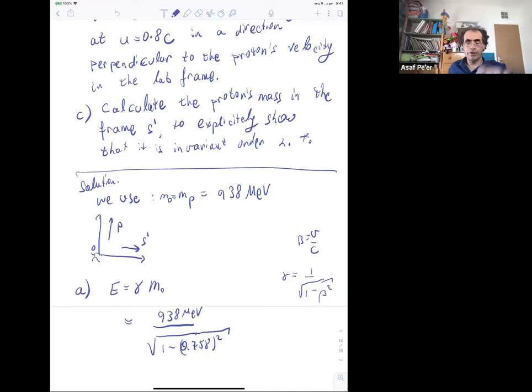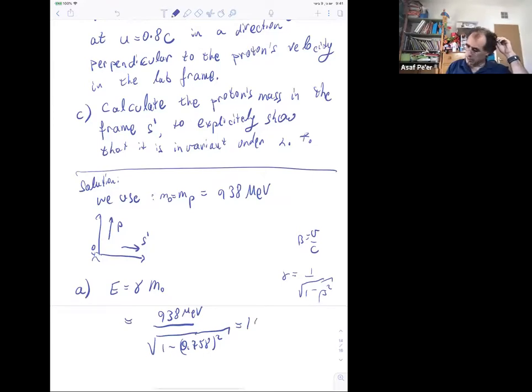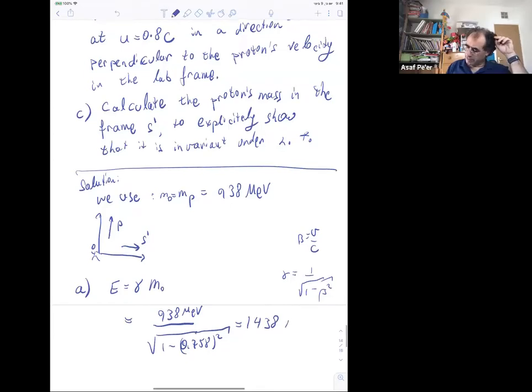You can take your pocket calculator and find out that, if I'm not mistaken, it's 1,438 MeV. This is the energy that we will measure.